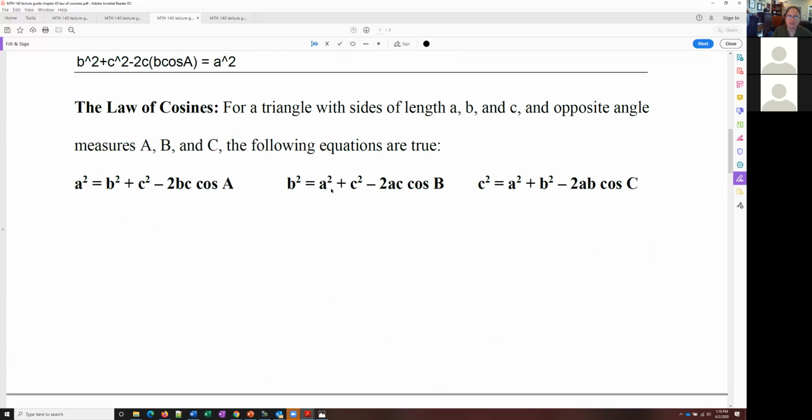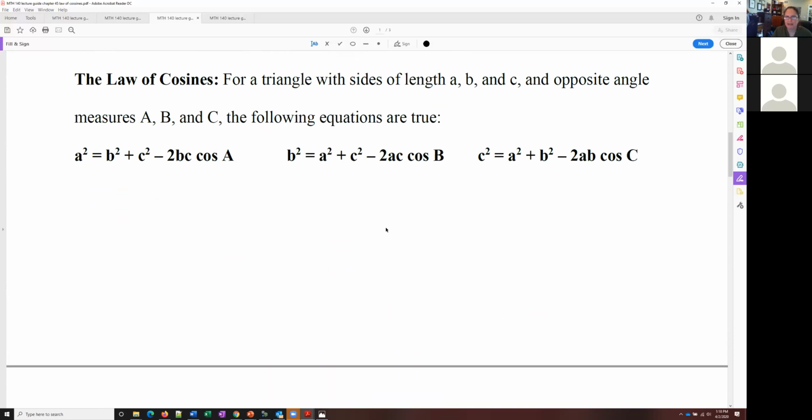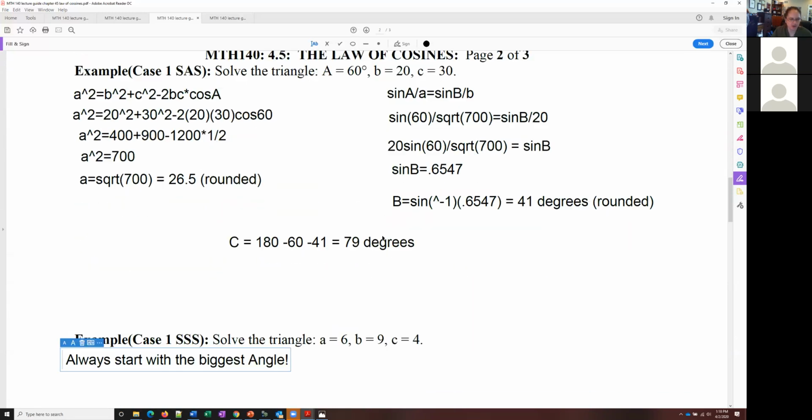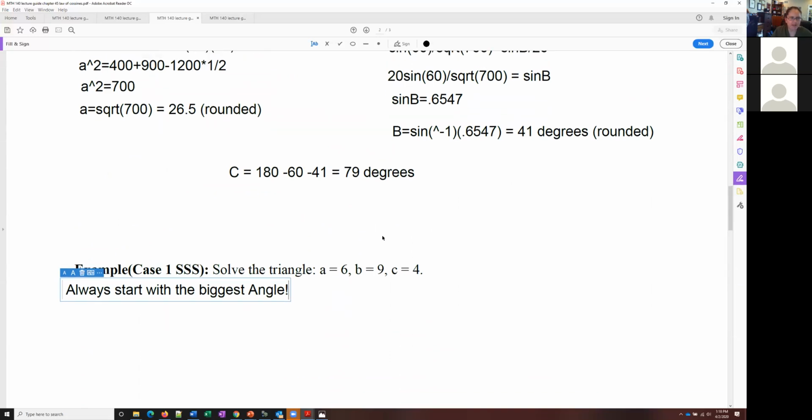So we're going to use the middle option where B squared is equal to A squared plus C squared minus 2AC cosine B. I'll go ahead and write that down.